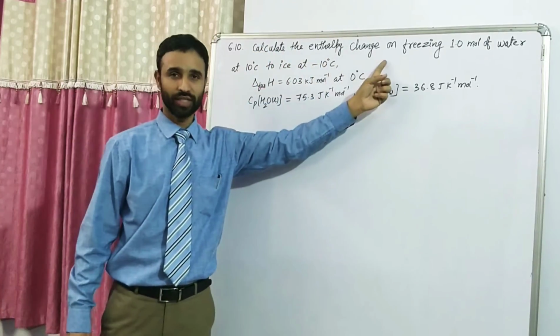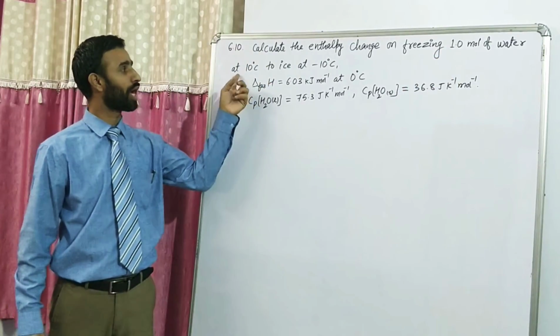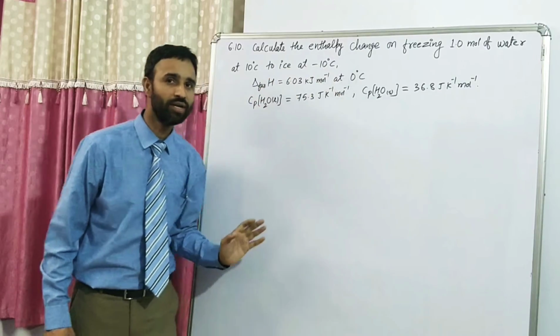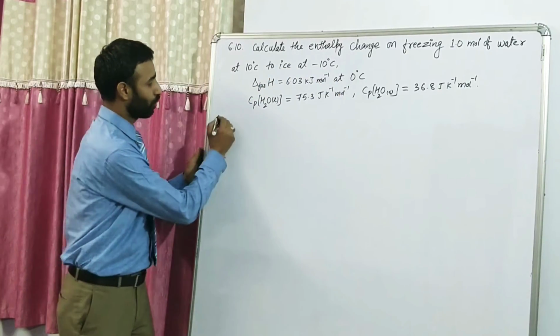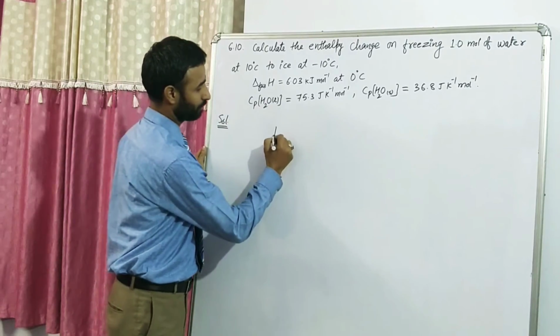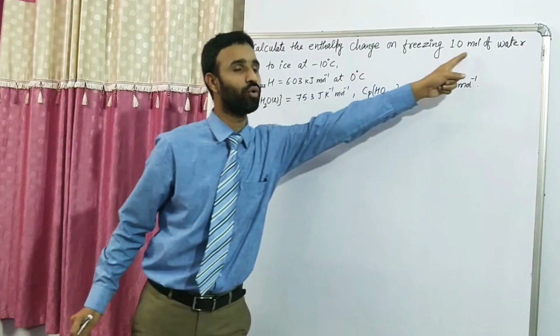Calculate the enthalpy change on freezing 1 mole of water at 10 degrees Celsius to ice at minus 10 degrees Celsius. So in this question, we start from H2O liquid because it is 1 mole of water.